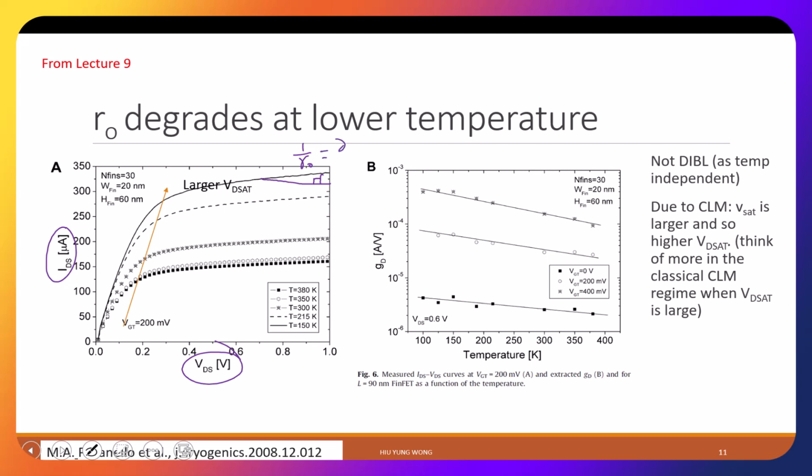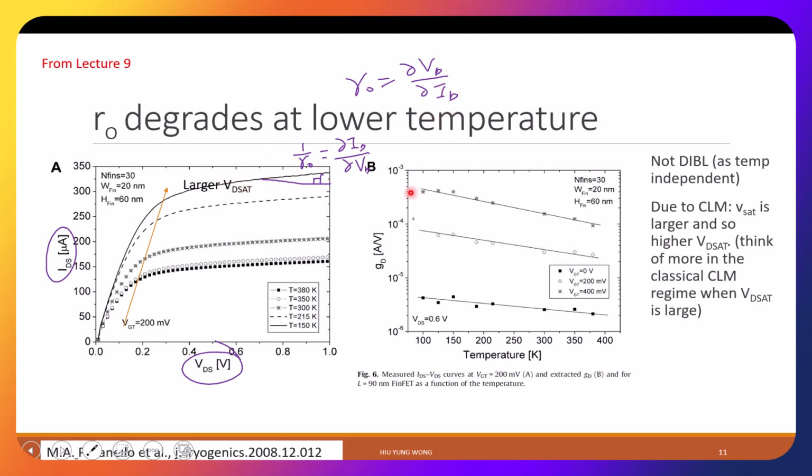The slope, of course, is partial ID, partial VD. But the definition of R0 is partial VD, partial ID, just the inverse of it, correct? So if this is steeper, then R out is smaller.